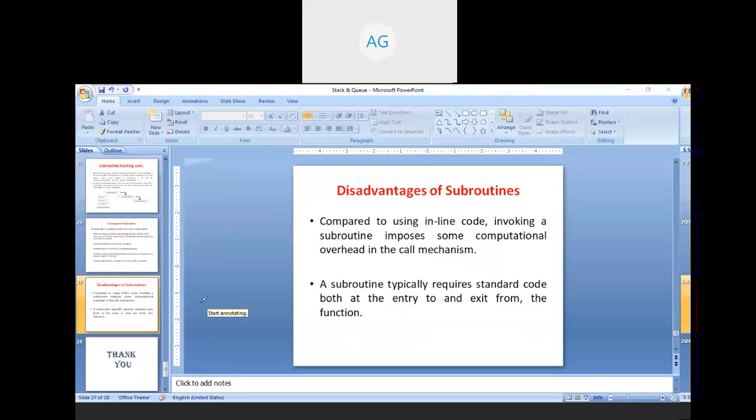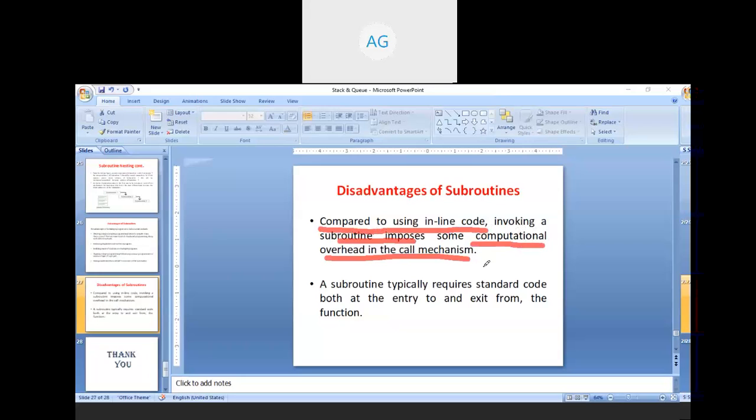There are some disadvantages of subroutine as well. The first disadvantage is that, compared to using inline code, invoking the subroutine imposes some computational overhead in the call mechanism.